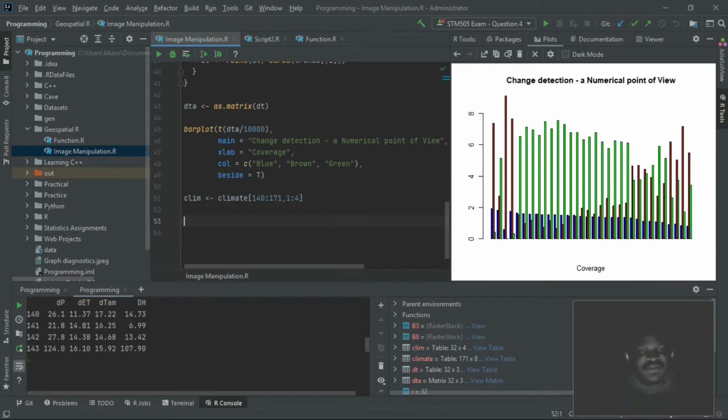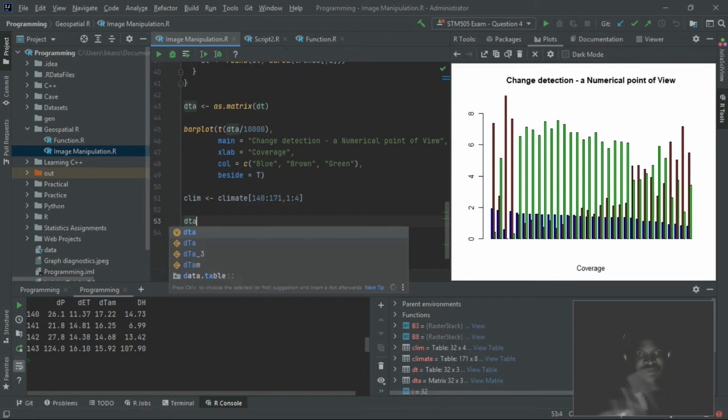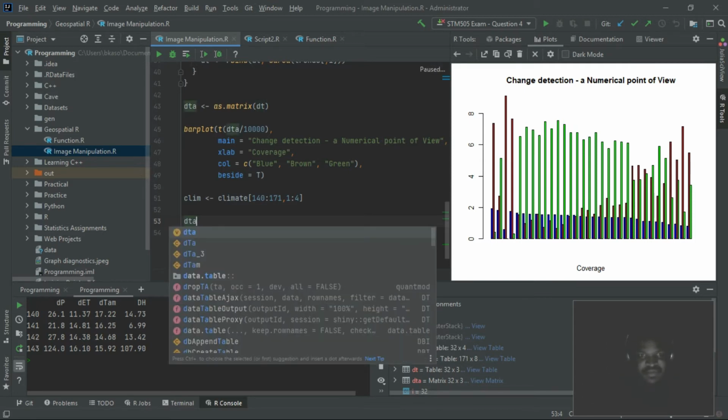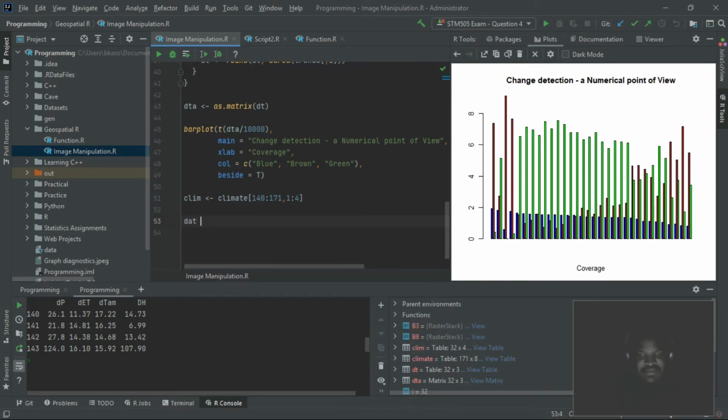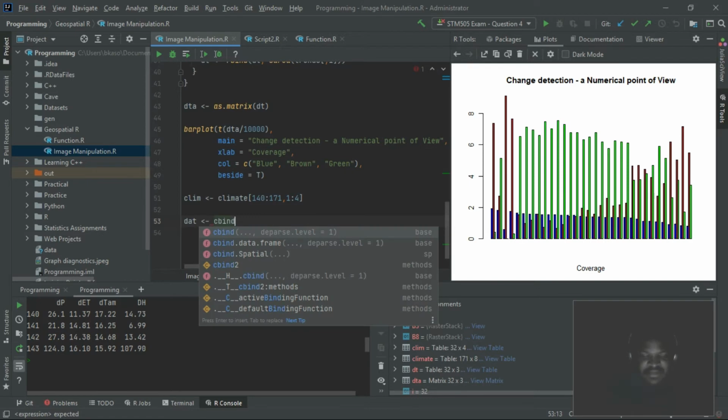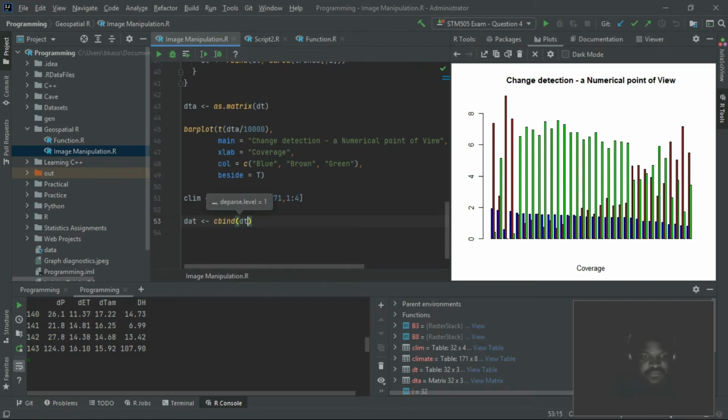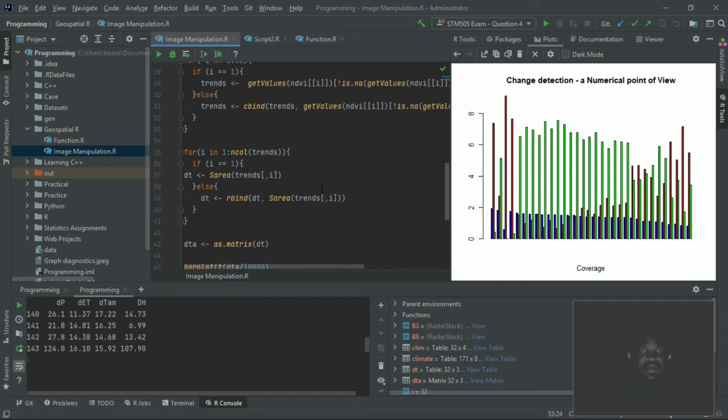Nice. So now we're going to combine this clim with the coverage data, if we can call it like that. So we're going to say our ultimate data, or we can actually even override that one. No, but I don't want to override in case I need it. Let's call this one that, which will be cbind, combining the columns, remember, of DTA with clim, right?